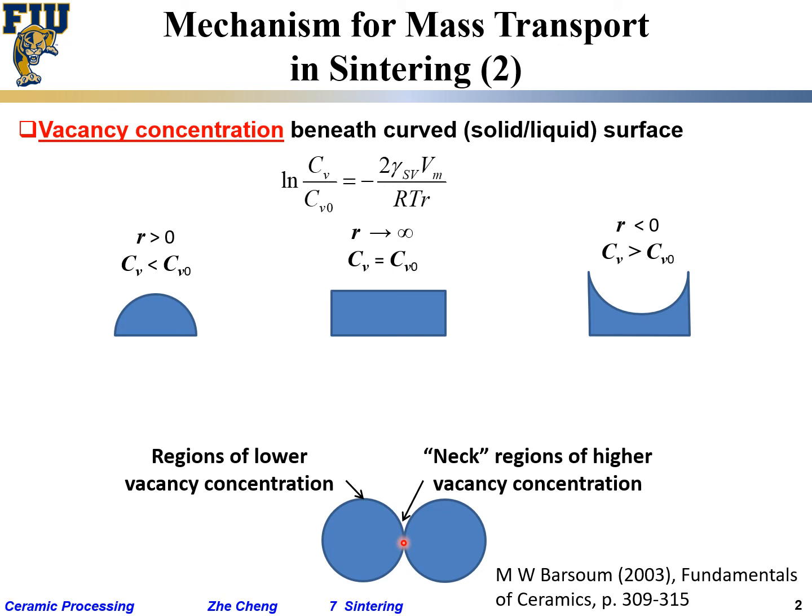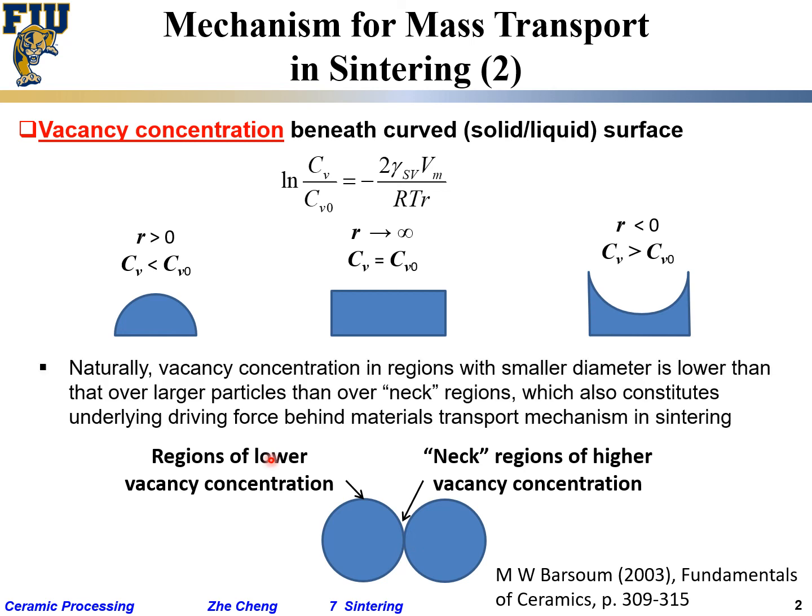Which way would vacancy diffuse? From high to low. Or, the other way to say it, which way would the mass, the atom, move? Opposite, right? Vacancy goes here, the material goes the other way. So you see, when we consider vacancy or atom movement within the material, we are not talking about it going through the gas phase.